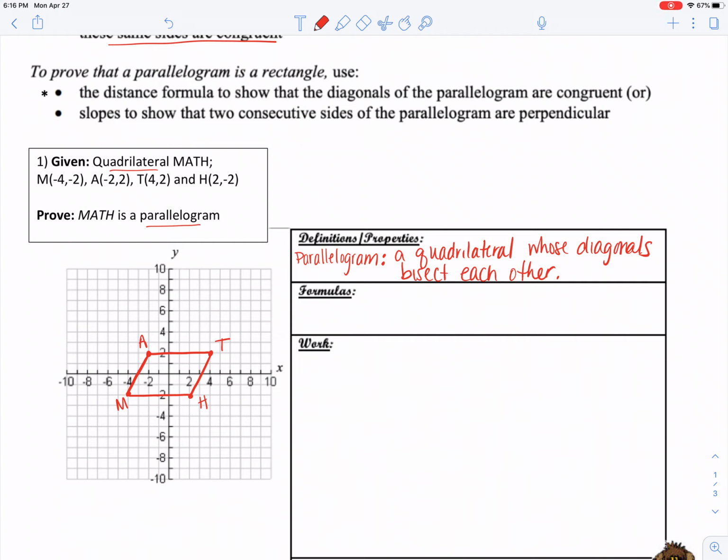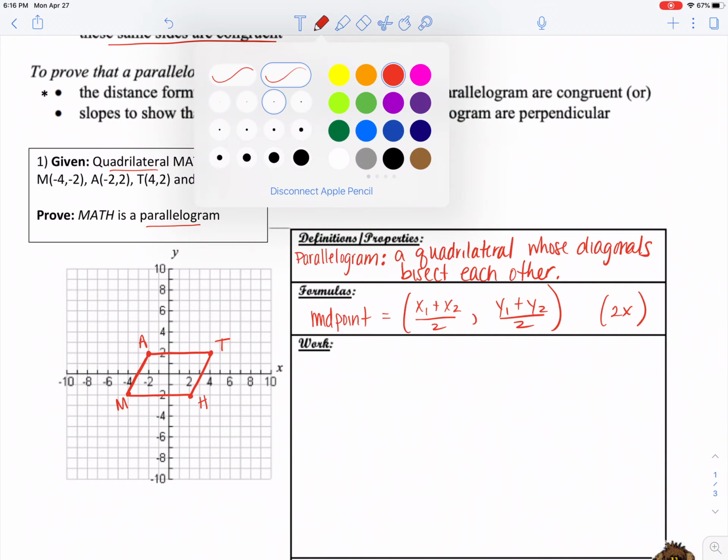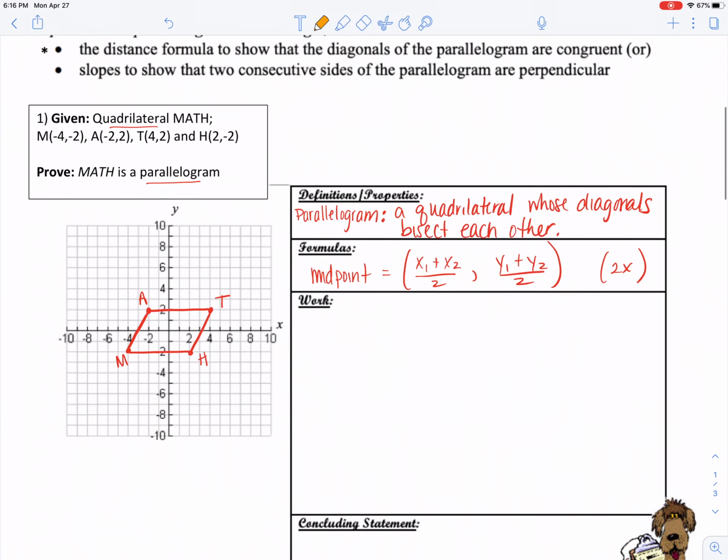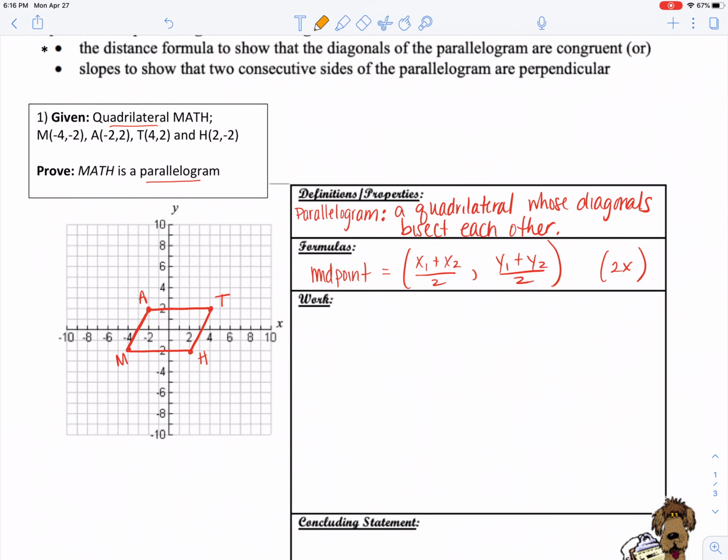Formulas, if I'm using to show that the diagonals bisect each other, I'm going to use the midpoint formula. Okay, add the x coordinates, divide by 2. Add the y coordinates, divide by 2. And I'm going to write 2 times. Okay, so we only need to use one formula here. So my work is going to be to get the midpoint.